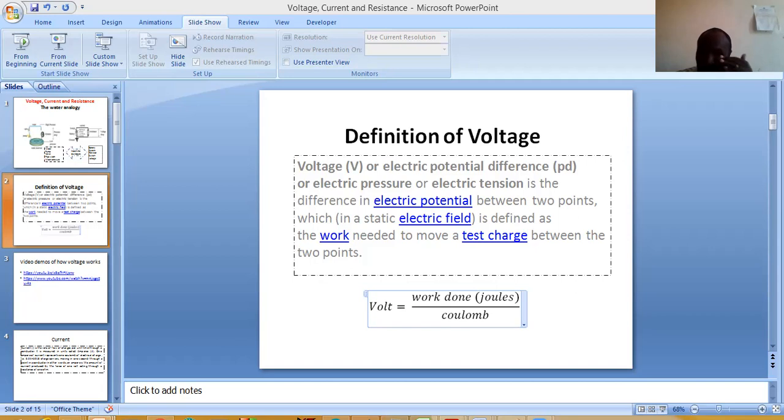This constant of proportionality actually represents the resistance in that conductive element. So this then is the equation that we refer to as Ohm's law.